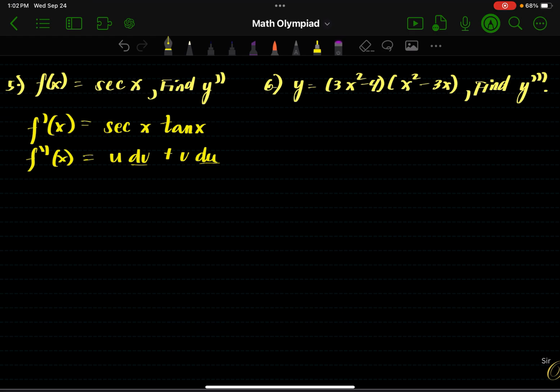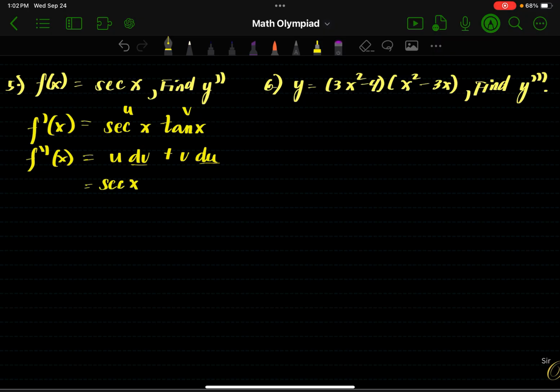Secant x will serve as our u and tangent x will serve as v, because the function is secant x times tangent x, a product of two functions, so we apply the product rule.